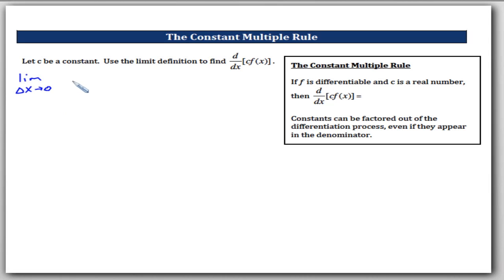And we're going to use our difference quotient here. And so now we're going to have c times f of x plus delta x minus c times f of x all over delta x.